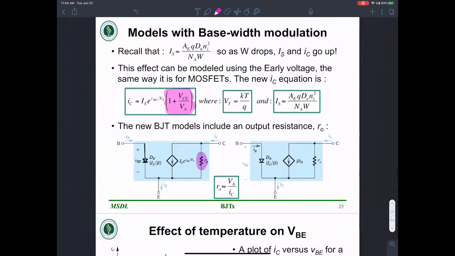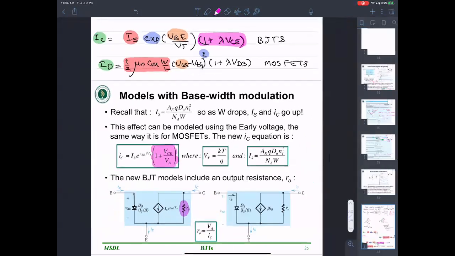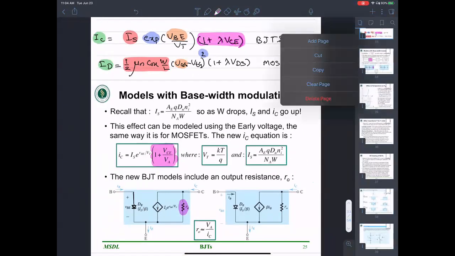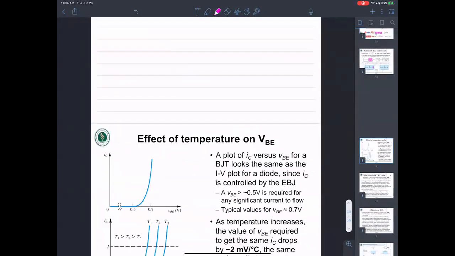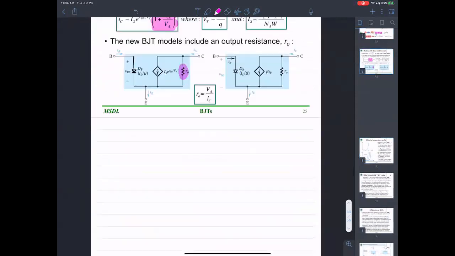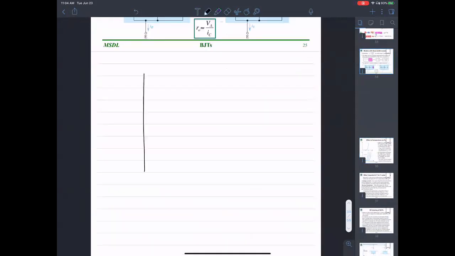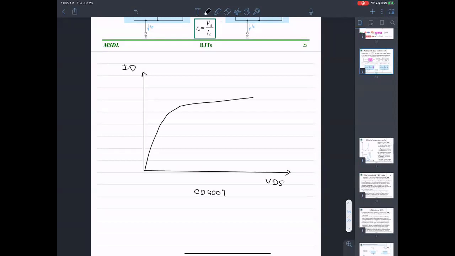Okay, when you did your lab, if you were using the CD4007 and doing this simulation, sweeping VDS for your MOSFETs, VDS for the CD4007 MOSFET as a function of ID, you should have seen something like that.